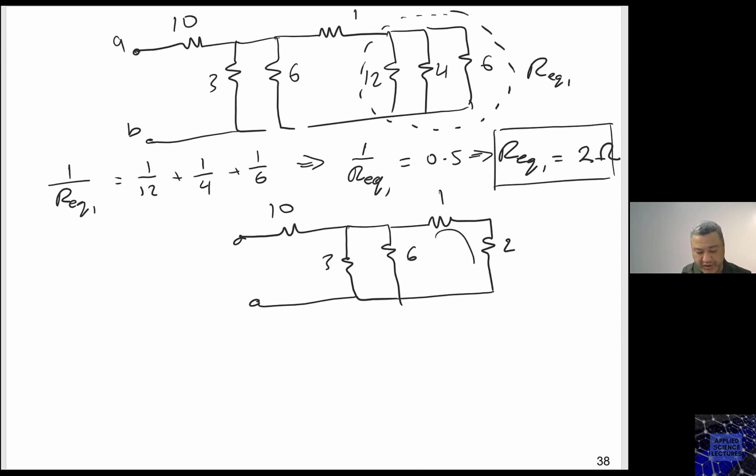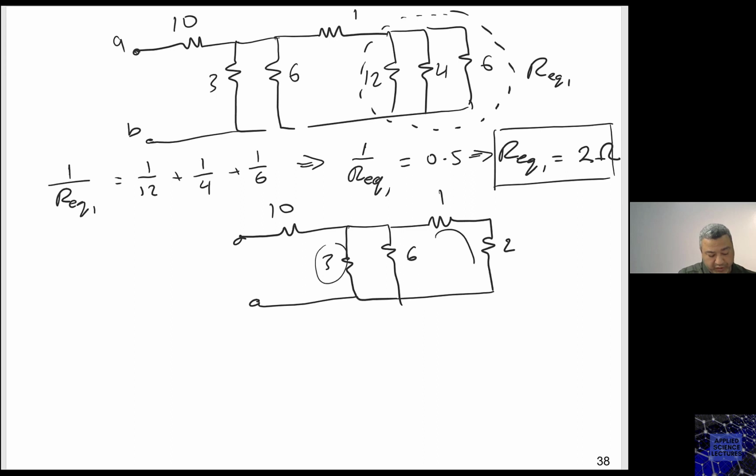So I have here 3 and I have here 3. It's going to give me 1.5, and then 1.5 in parallel with 6 will be 1.2.